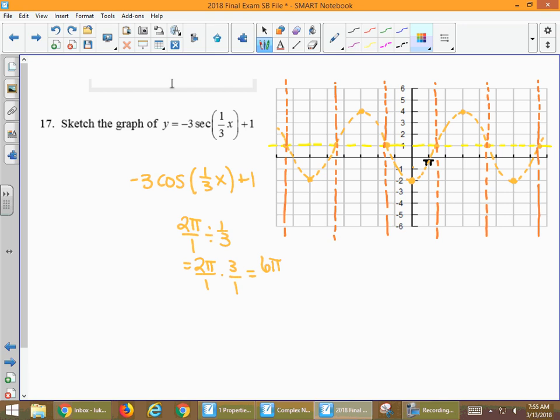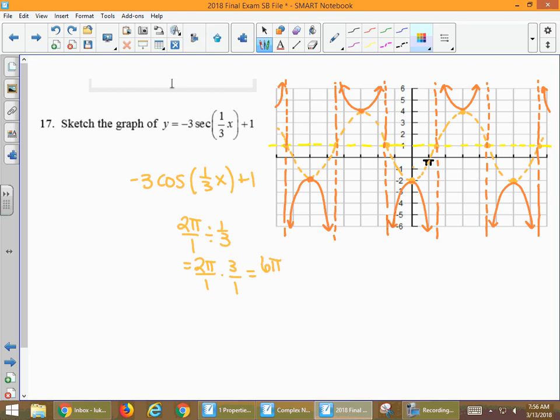And then my secant curves go in the opposite direction of my cosine curve and share the maximums and minimums. And that is -3 secant of 1/3 x plus 1.